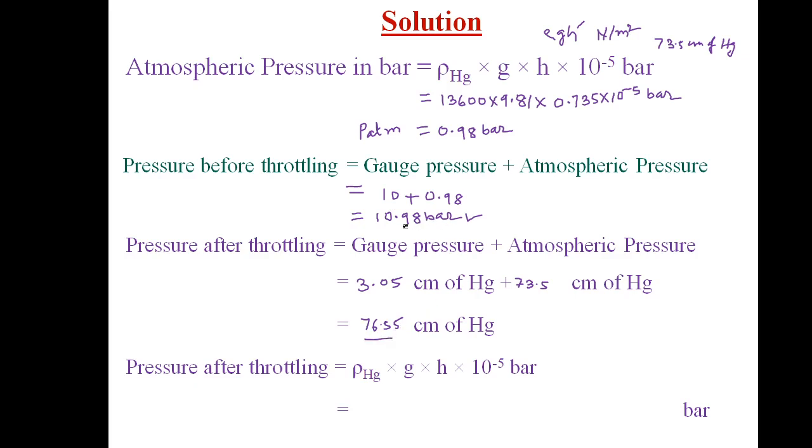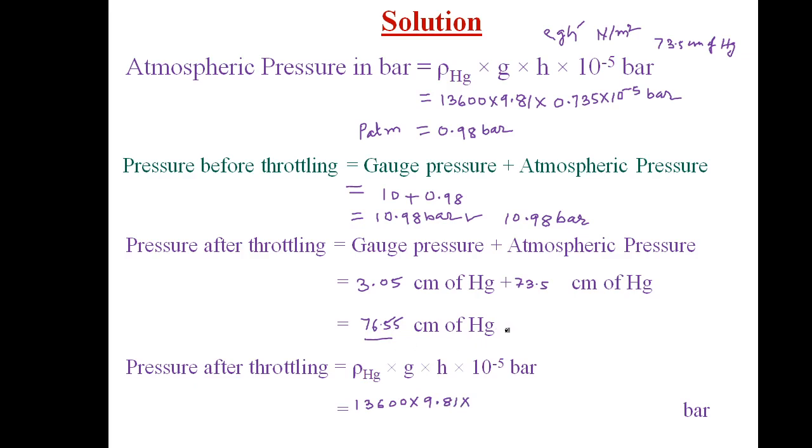The pressure before throttling is 10.98 bar, and the pressure after throttling is 76.55 centimeters of Hg. To find the properties of steam, we need pressures in bar, so this is to be converted into bar. The pressure after throttling is equal to rho gh, the same formula. The rho value is 13,600, into the g value, 9.81, into the h value.